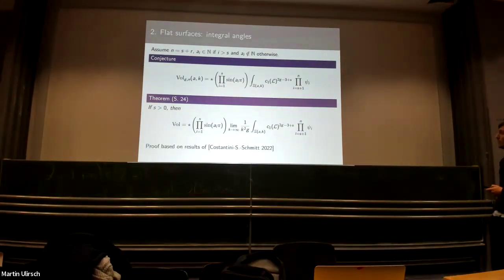Now for recent results, this formula actually holds true at infinity. When I talk about volumes of moduli spaces of flat surfaces, this formula holds, though I'm cheating a bit, because what I put as volume is not the volume but the continuous extension of the volume at rational numbers.